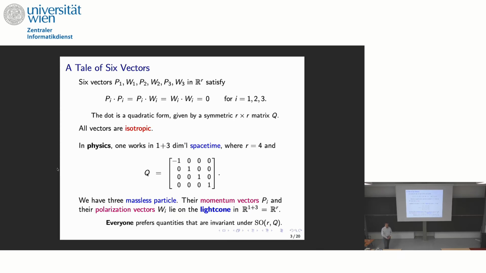As yesterday, there is the momentum vector Pi, but there is also a second vector called the polarization vector Wi. So for each i, there's a momentum vector Pi and a polarization vector. These conditions say, in particular, that both Pi and Wi lie on the boundary of the light cone. They dot to 0.